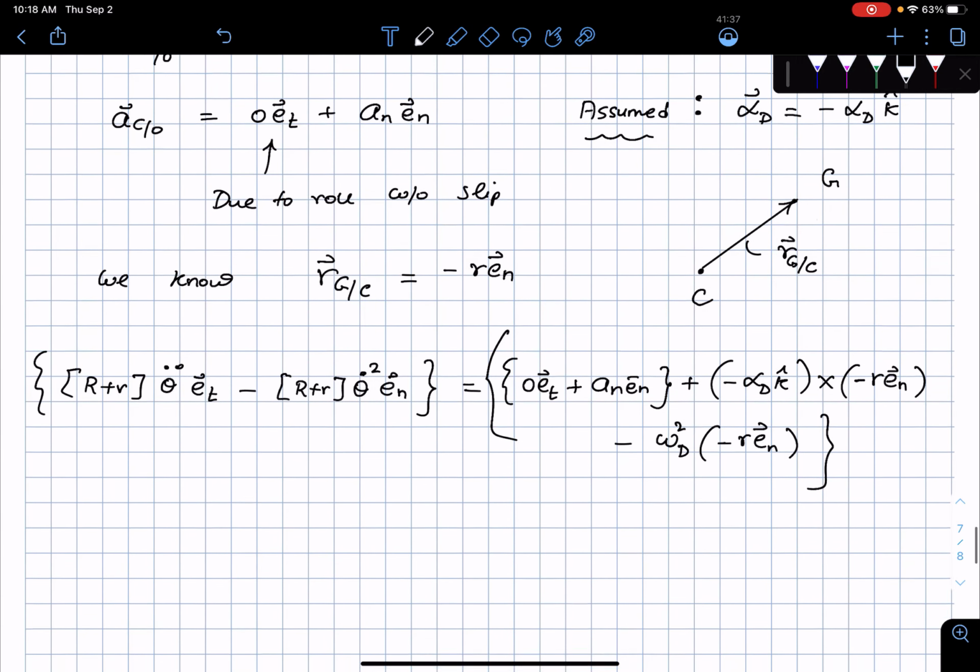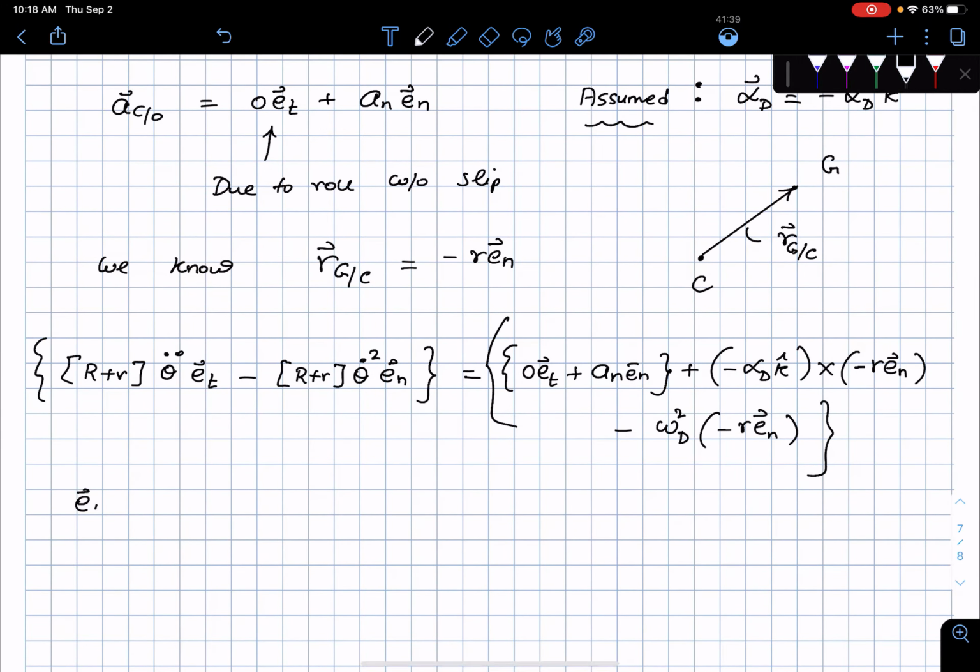Okay, so this is the normal component, and so if I take all the tangential unit vector components on both sides, I'm going to have r plus r theta double dot on the left hand side, and then if you do the cross products using the triads, you'll find out that this is going to be alpha of the disk times r. So this essentially tells me that alpha of the disk is the same as what we had obtained from before.